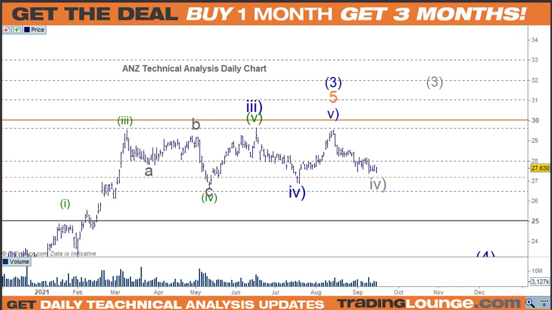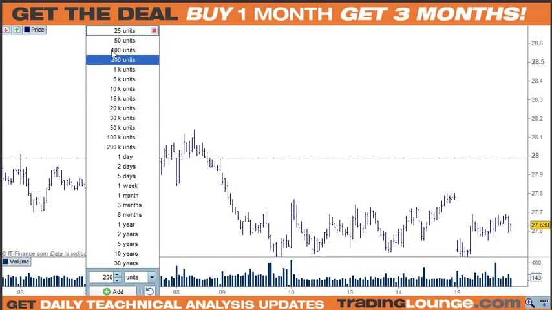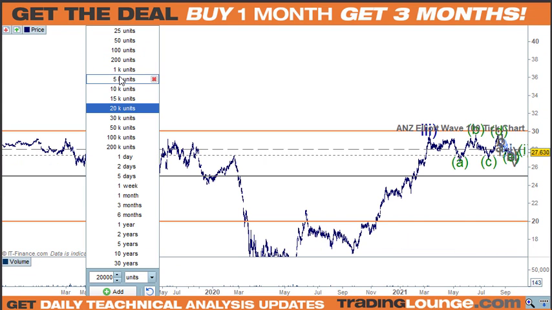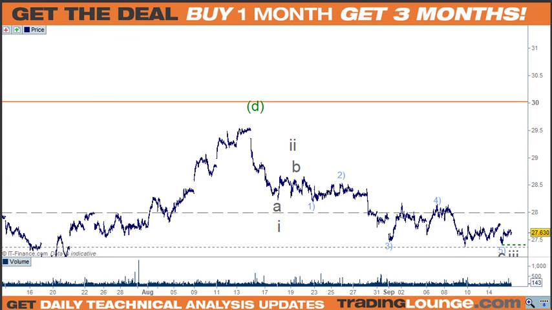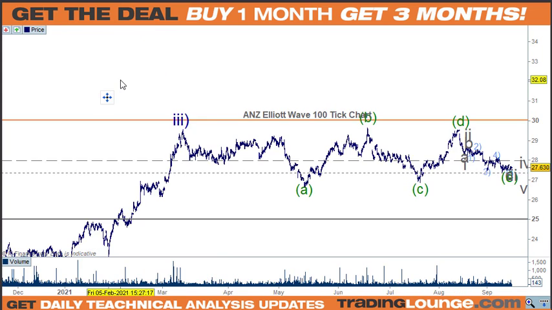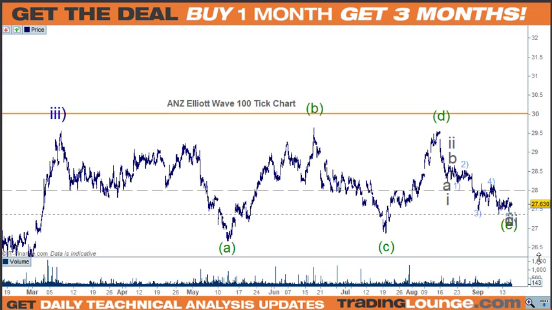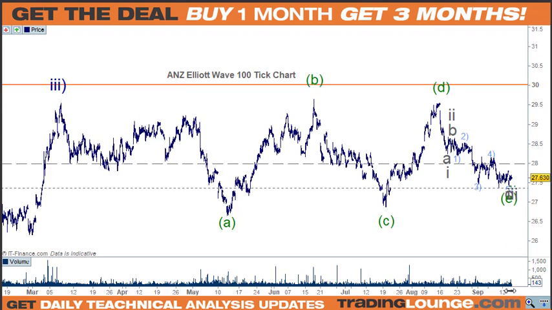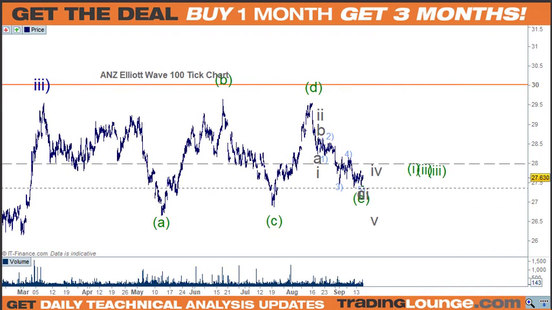That works quite well. So if we go back to our tick chart, and we'll need to bring in some more data, not that much. Okay, so that wave, blue wave 4 that we've been tracking for the ASX 200, we could put that here on this triangle pattern here as well. Wave 4 there.